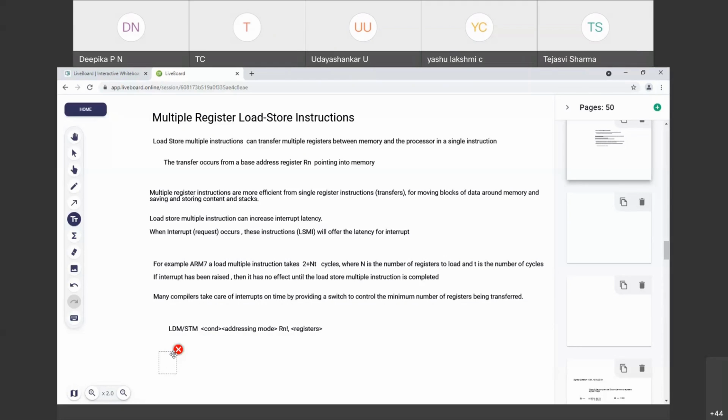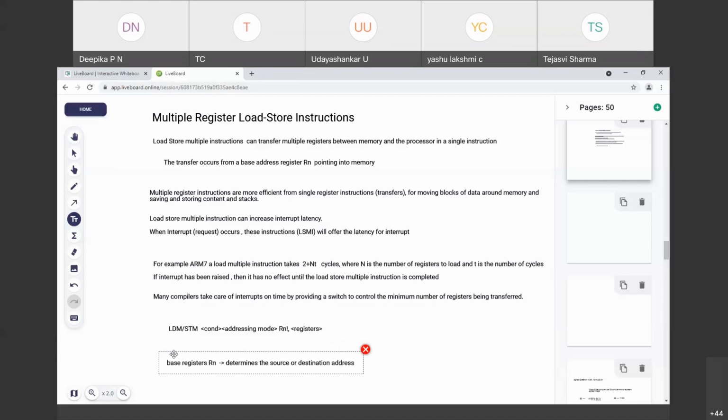In the instruction you can see I have the base register RN. RN determines the source or destination address for the load store multiple instruction. Please understand, it carries, or points to, the source or destination address.